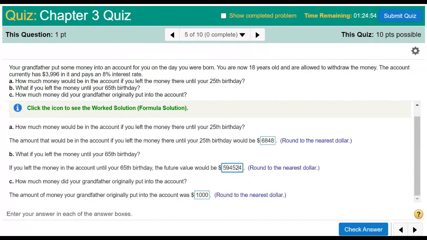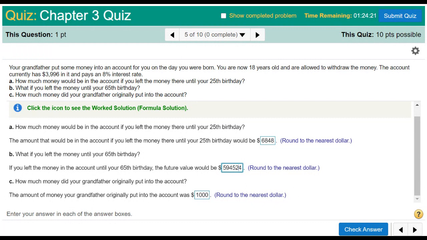65 minus 18 is how much? 47. All right, so N equals 47. I/Y is 8. Payment is 0. Present value is 3,996.